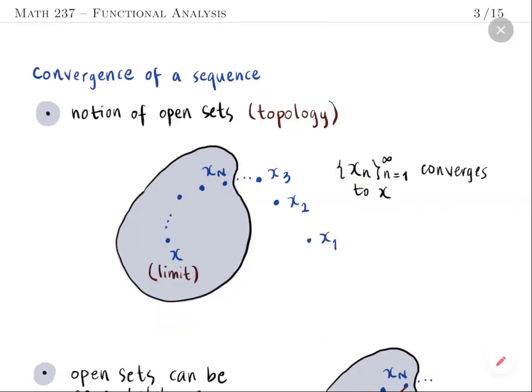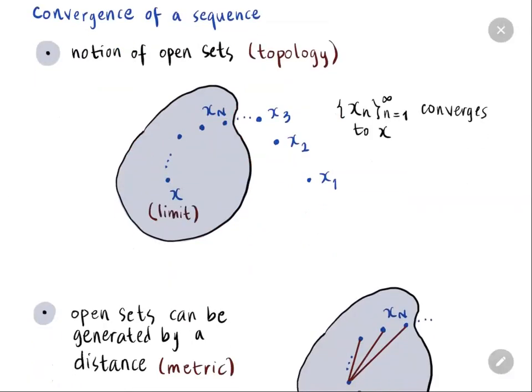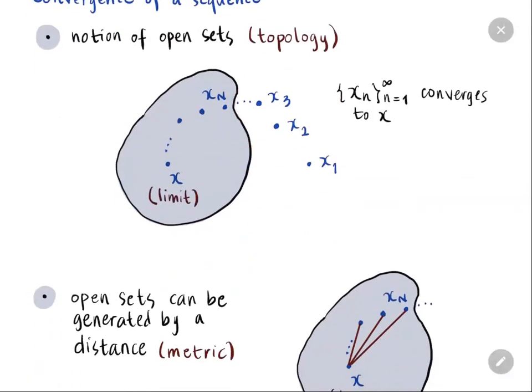So it is enough to have the notion of open sets, and you might know that open sets can be generated via a metric. If you have the concept of a metric or a distance, you can define the concept of open balls, and these open balls serve as the fundamental building blocks of the open sets.